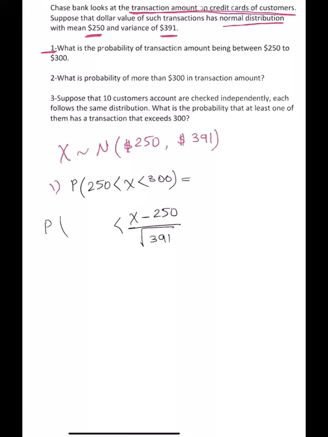Obviously I want this inequality to hold, so whatever I did to x, I have to do to the values on the right side and left side as well. So this is going to be 250 minus 250, and this is going to be 300 minus 250.